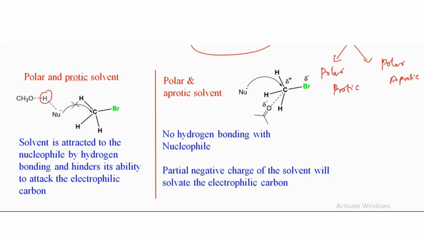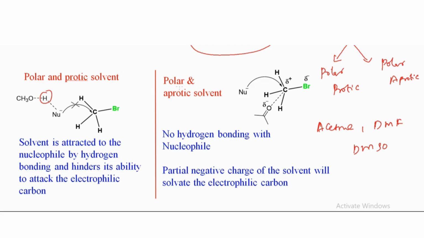That's why we should not choose a polar protic solvent. Polar aprotic solvent examples are acetone, DMF, DMSO, like that. Protic solvent examples are alcohols and water.